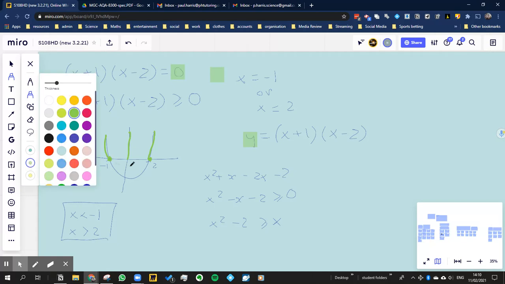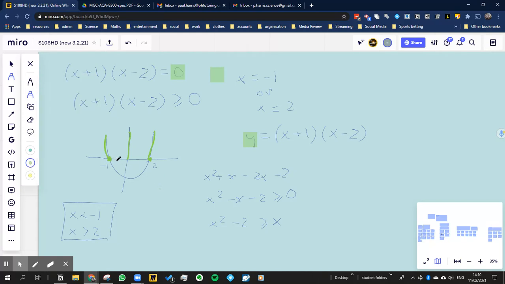If x was greater than minus 1, it's going to be any of this value here, and for those values of x, y is less than 0. For values of x where it's less than minus 1, y is greater than 0. So that it meets this criteria. Does that sort of make sense? Yeah. Okay.